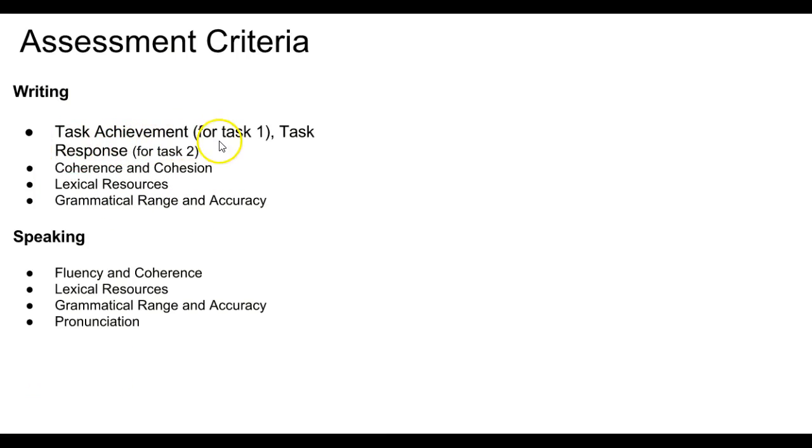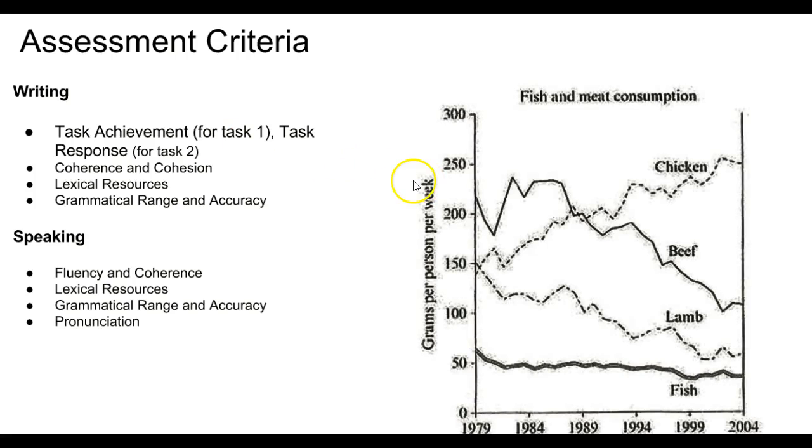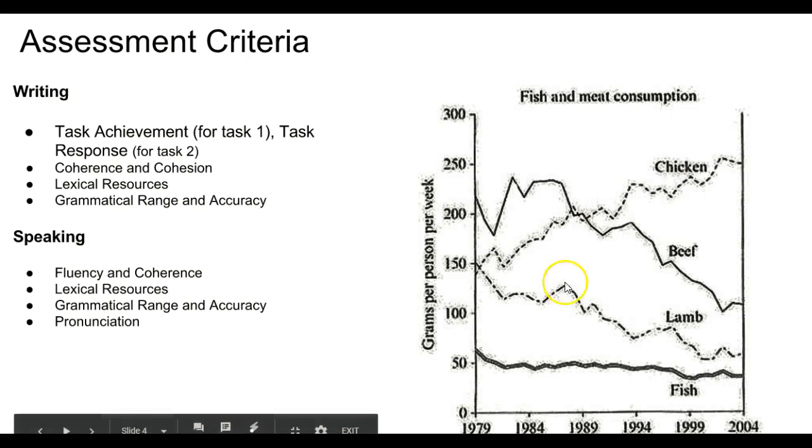Task achievement for task 1 means that you actually achieved or responded to the task effectively. Meaning you answered the questions, and in this case, an example is that you reported the most important information or all the important information.